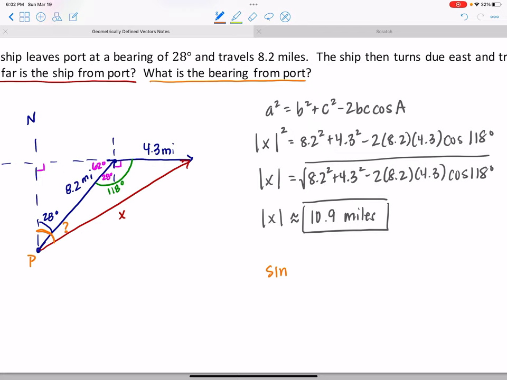I'm really not looking for all of angle P, I'm looking for just that little portion, so hopefully that makes sense. The sine of the angle P that I'm looking for over the side opposite of P, which would be 4.3, is going to be equal to the sine of the 118 degree angle over the side length we just found, which is 10.9.